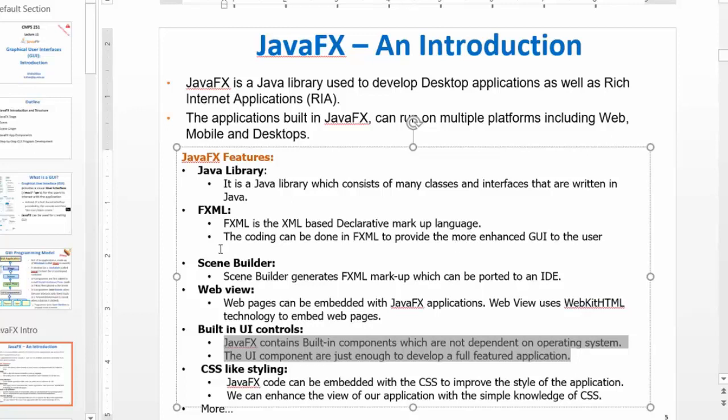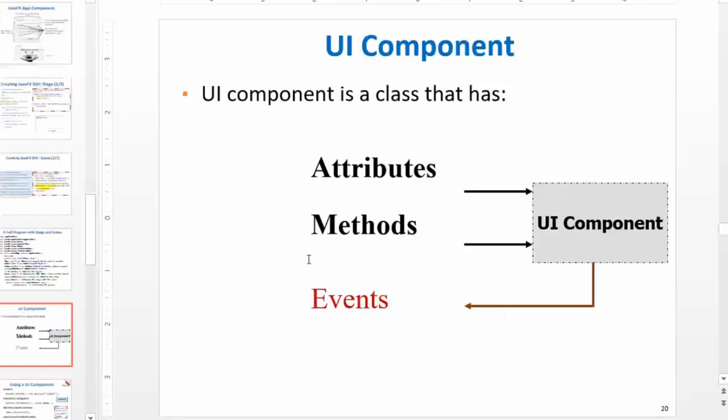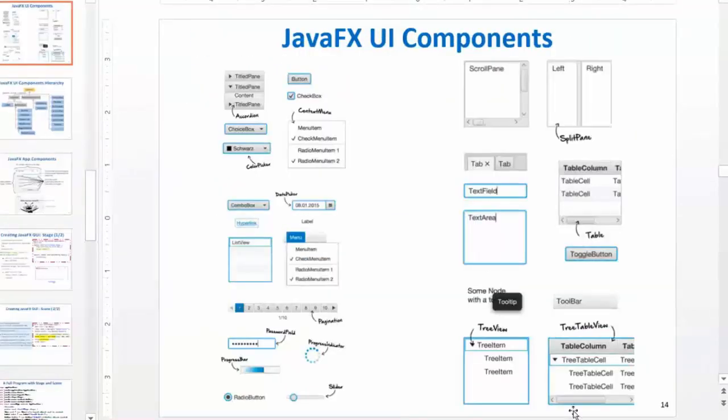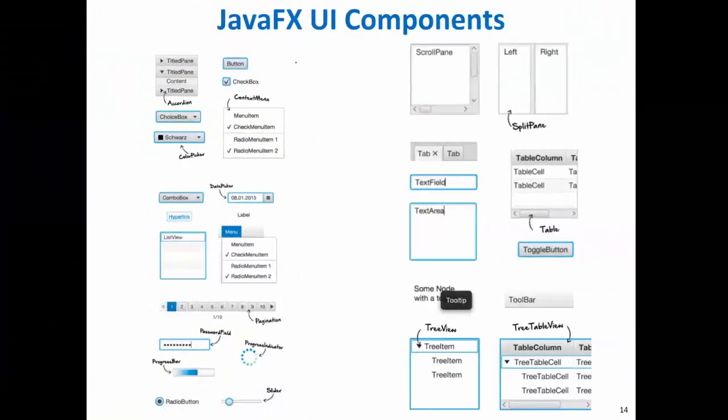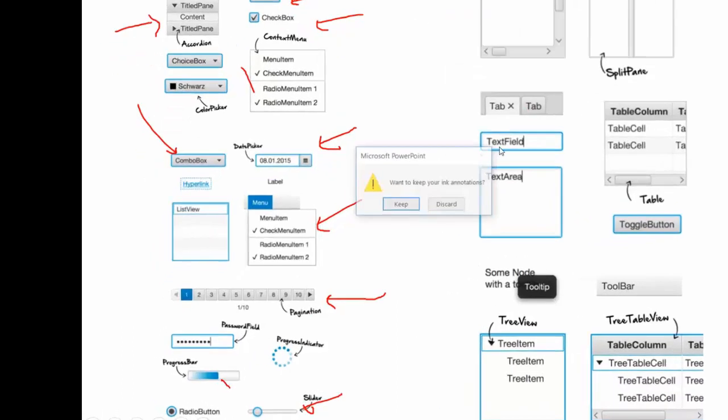Built-in controls. Controls like what, guys? Quickly, let's go. Like this. You know these things? You know them. Maybe you don't know their names. This is a button, checkbox, radio button, accordion, combo box, date picker, color chooser, menu item, pagination, slider, progress bar, so many things like this.